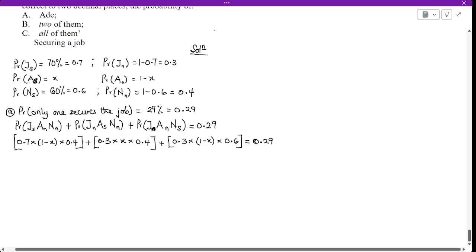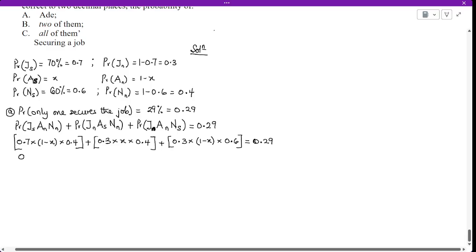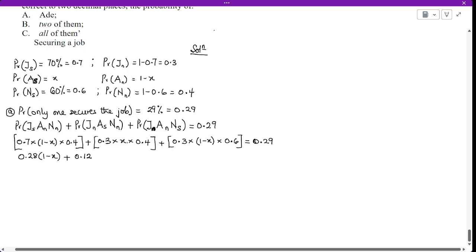So these are three possibilities, and we equate them to 0.29. We are going to deal with some serious decimal features over here. For the first one, 0.4 by 0.7 gives us 0.28, so we have 0.28 multiplying 1 minus X. We come to the second one, 0.3 by 0.4 gives us 0.12, multiplying X, so 0.12X.